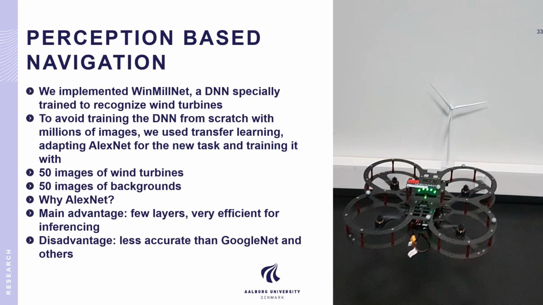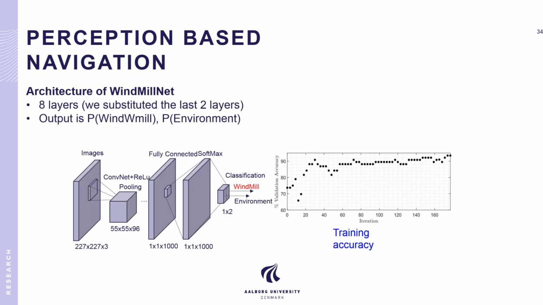Shortly about the architecture. I won't go too much into detail, but it is essentially the standard AlexNet, where we have changed the last 3 layers and updated with some new outputs.